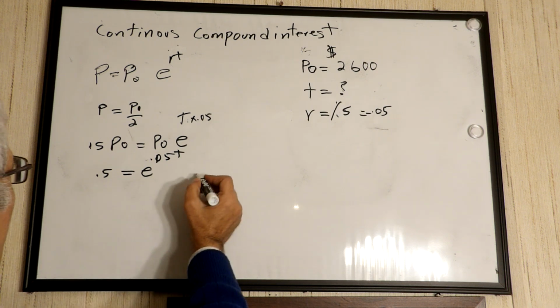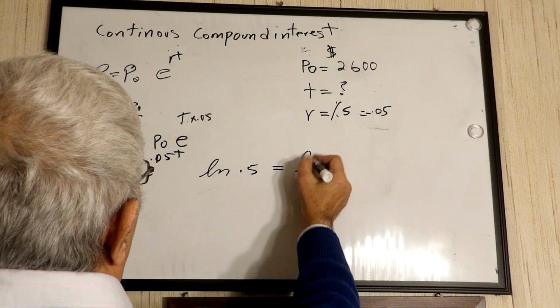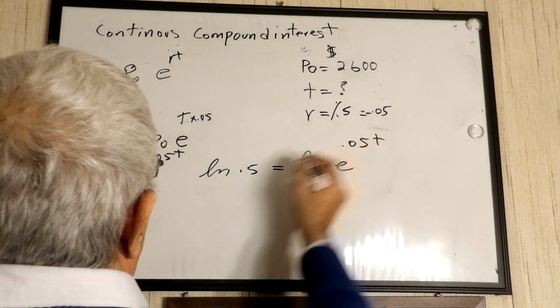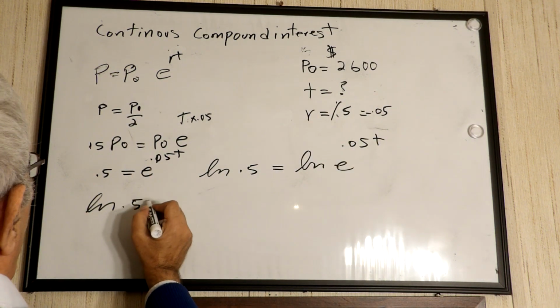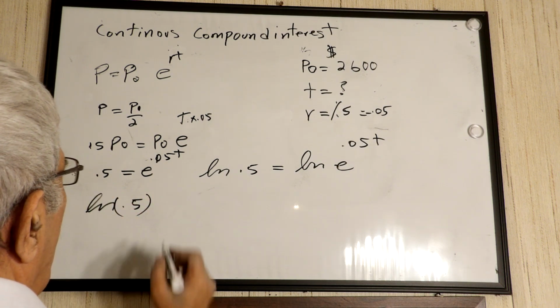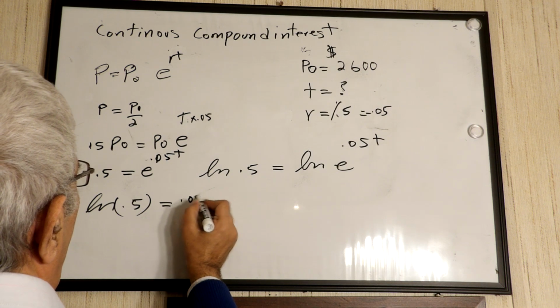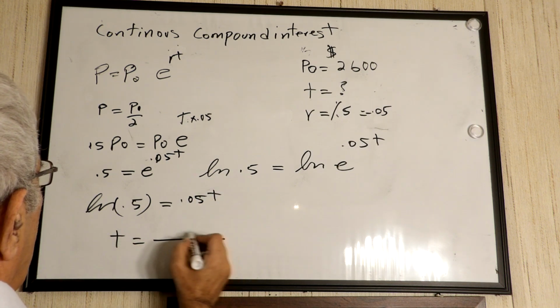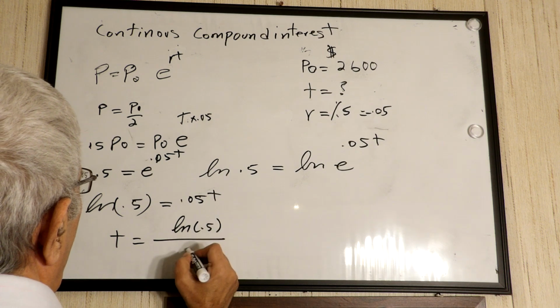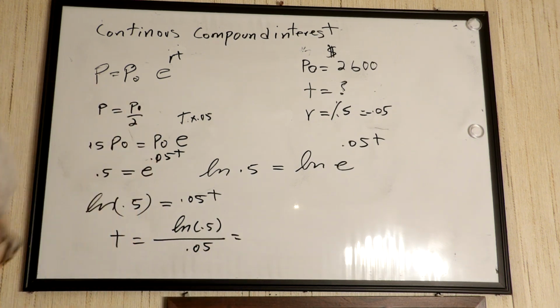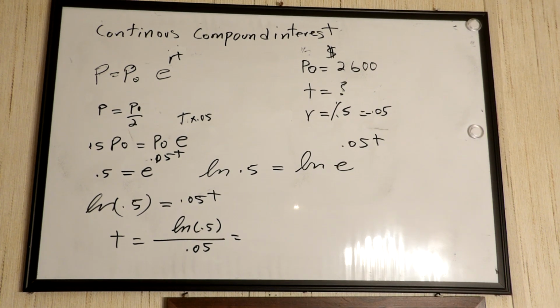And then what you do, you take the natural log of both sides. The natural log of e to the 0.05 t, and the natural log of 0.5 or 1/2, is 0.05 t. From that you can find t as the natural log of 0.5 divided by 0.05. You get the answer after how many days we are going to have half of the material that we had earlier.